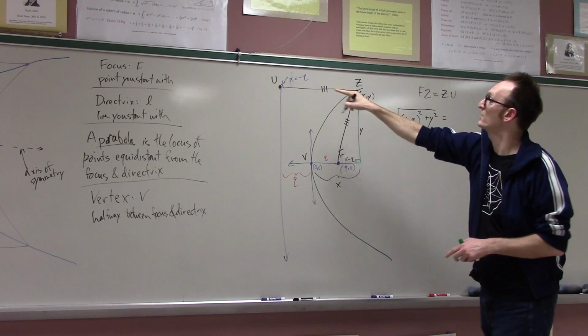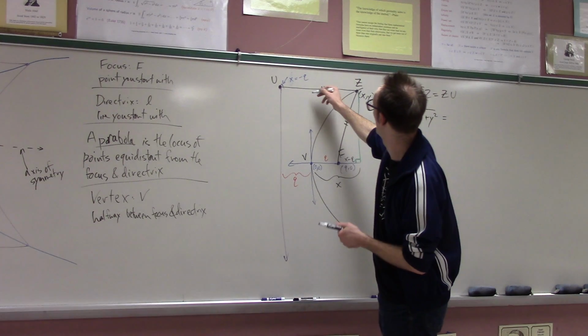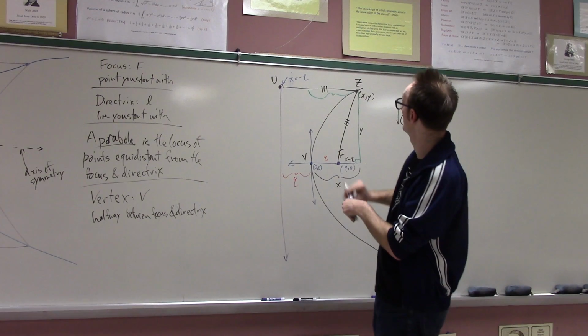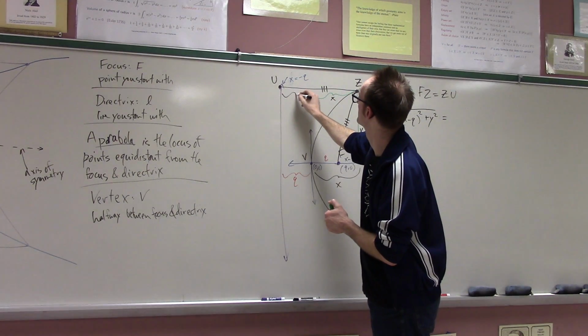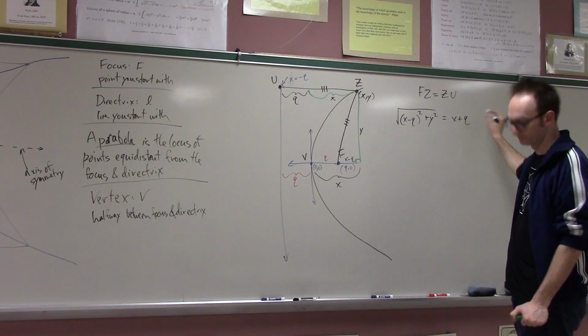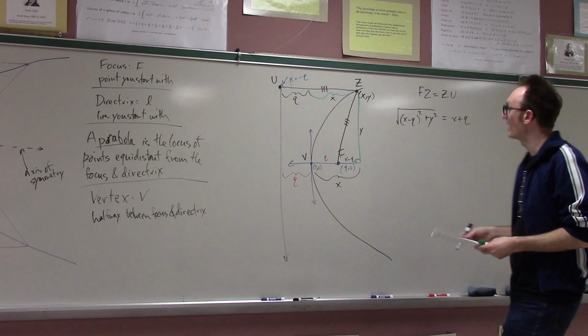And ZU is going to be, well, let's see, from here to here, that is just x, and this is just q. So this is x plus q. Alright, so this is pretty easy, which is why people usually start with this. I think this picture sort of perfectly explains what's going on.